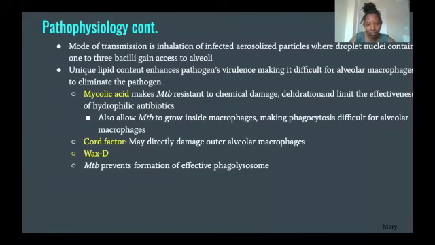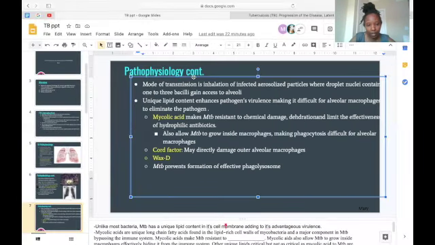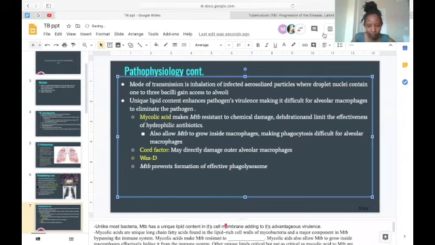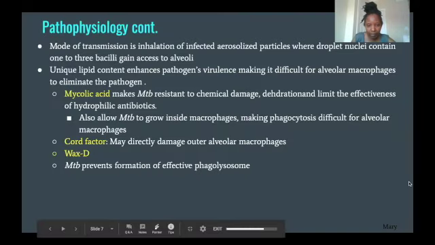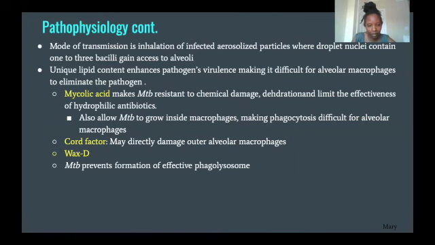Mycolic acid makes Mycobacterium TB resistant to chemical damage, dehydration, and limits the effectiveness of hydrophilic antibiotics. It also allows Mycobacterium TB to grow inside macrophages, making phagocytosis difficult for alveolar macrophages. Cord factor may directly damage outer alveolar macrophages.